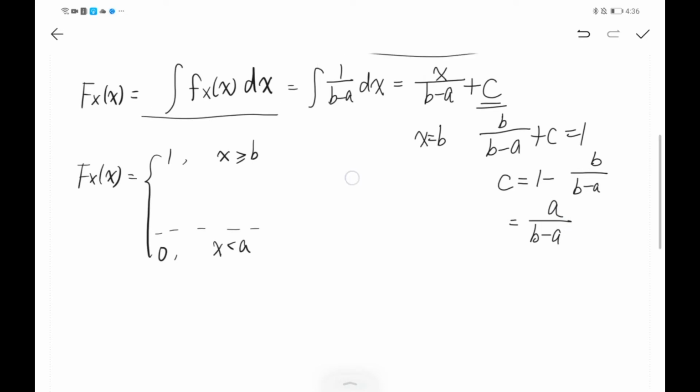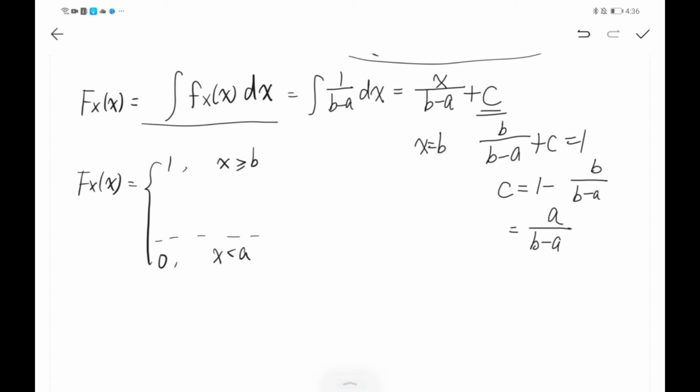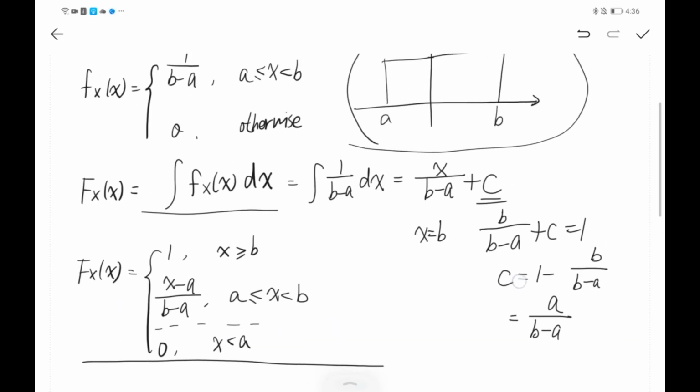So the distribution function of x equals x minus a over b minus a, for x from A to B. That is the final result.